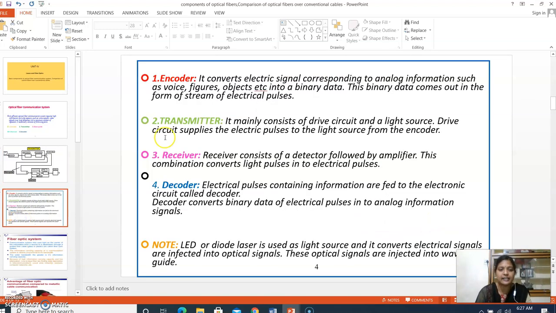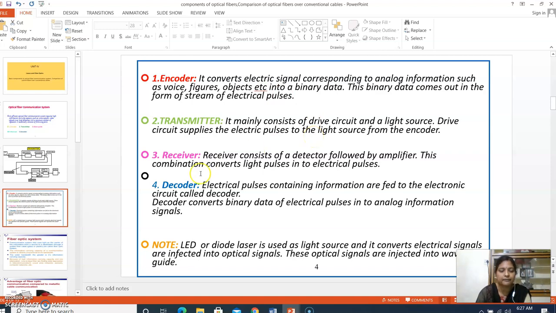If you see in detail, the first part is the encoder, which converts the corresponding analog signal, like voice, figures or objects, to binary data. Now this binary data comes out in the form of an electrical pulse. The other part is the transmitter, which consists of a driver circuit and a light source, which supplies the electrical pulse from the encoder to the light source.